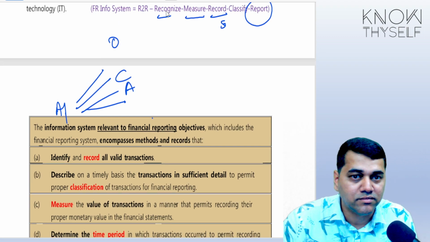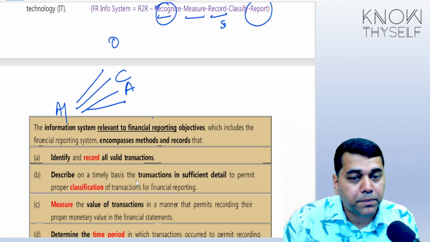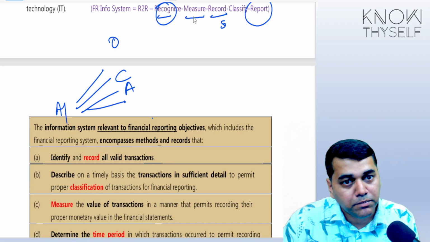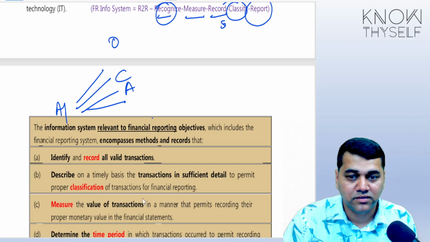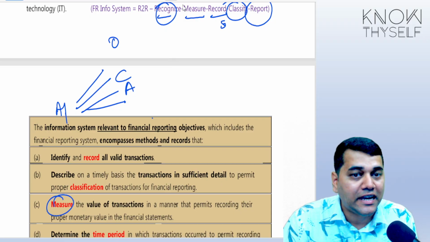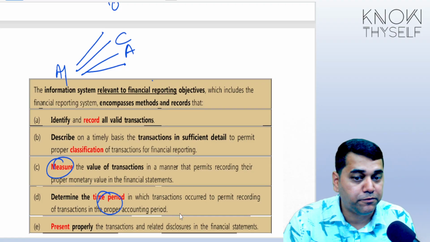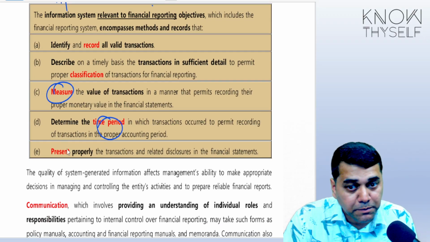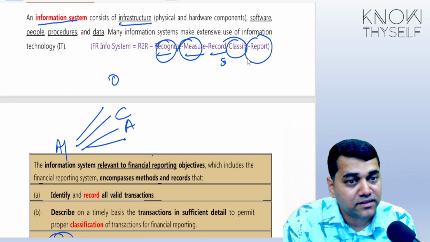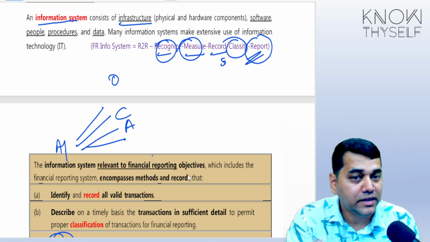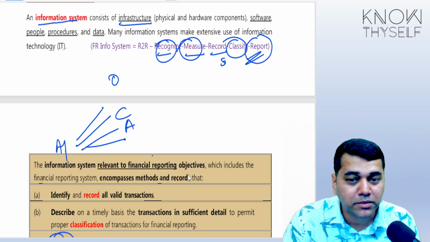See, recognition. They are properly classified. Okay, that means you have proper classification. They are measured at a value. The time period is determined for a cutoff per se. They are presented properly. That means reporting. I hope it's clear. Very easy to understand and remember.